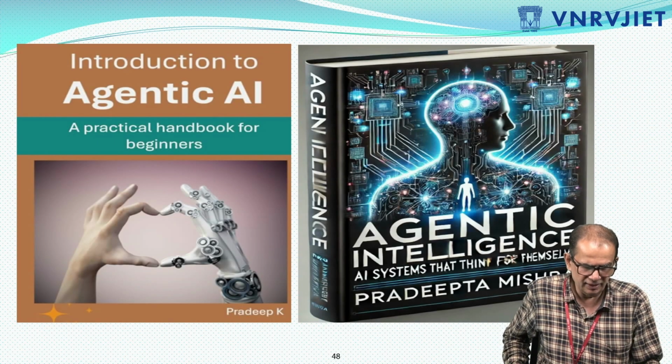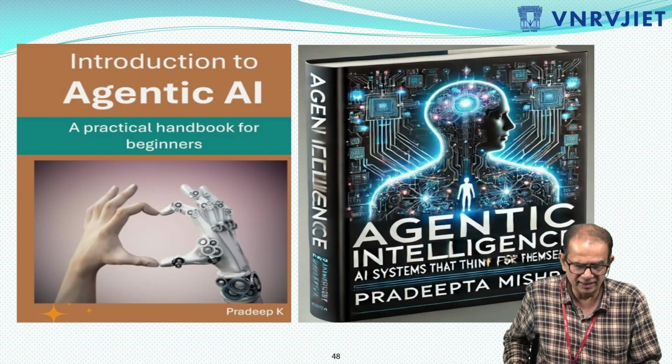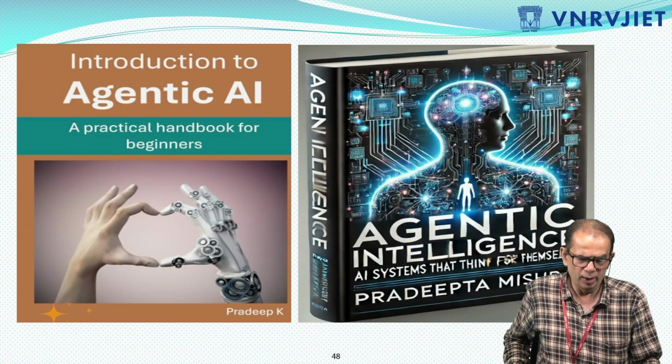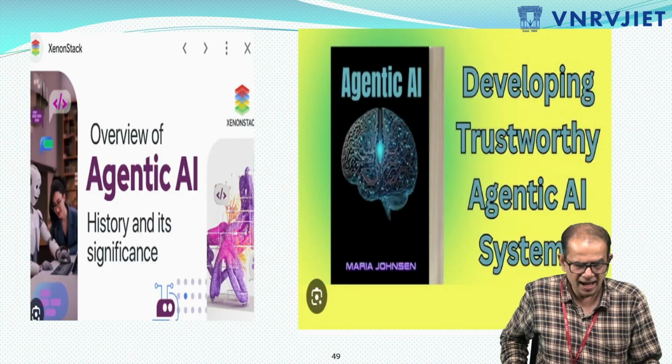We have also given you some agentic AI books. One is Introduction to Agentic AI, and the other is Agentic AI Systems. However, there are a lot of agentic AI books and a lot of material that you can refer to and learn by yourself.